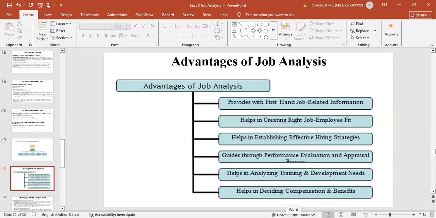Two, it helps you to know who is to be recruited, that is, to create the right job-employee fit. So you know who to recruit at which position.